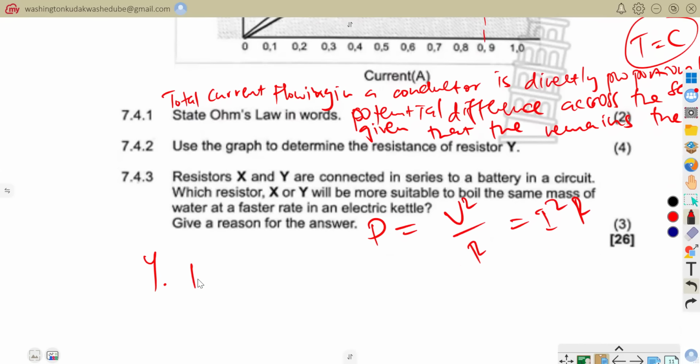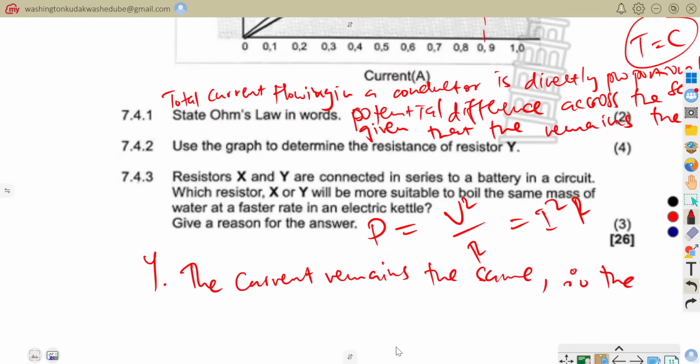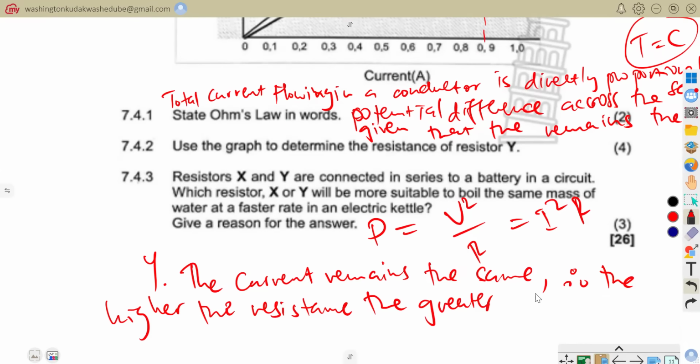You would say that the current remains the same. Therefore, the higher the resistance, the greater the power, or energy, dissipated.